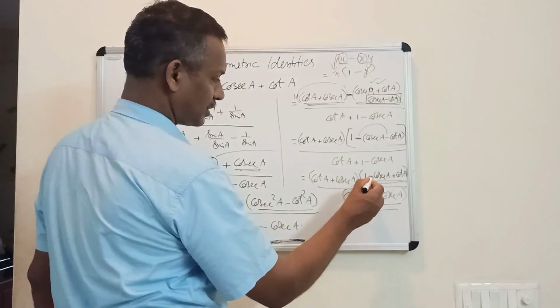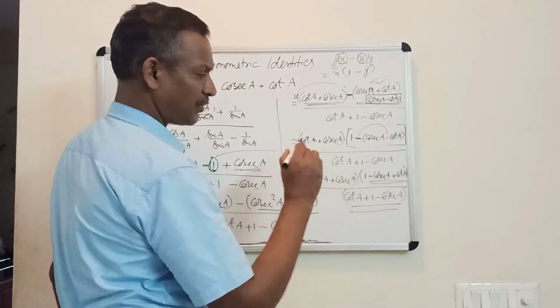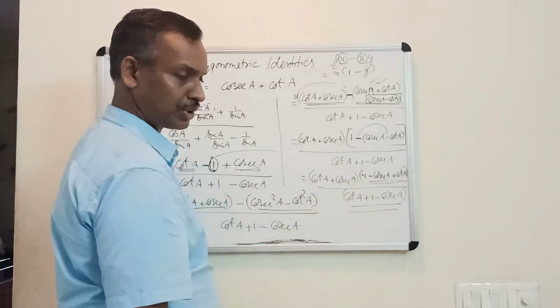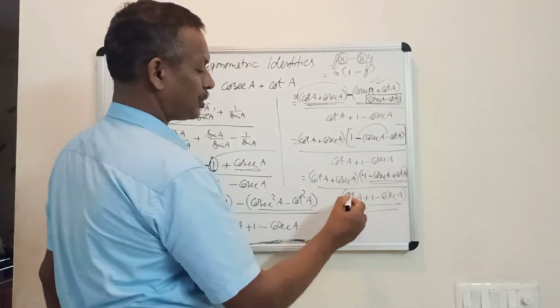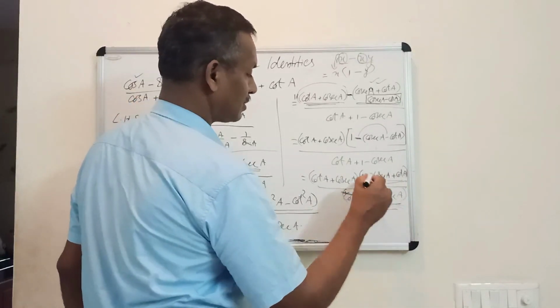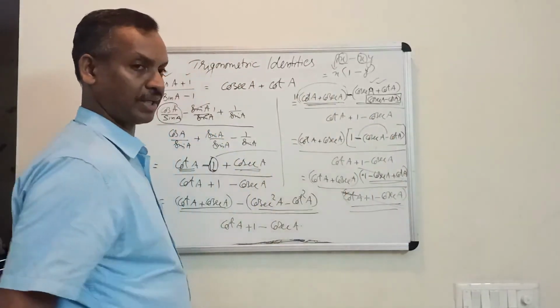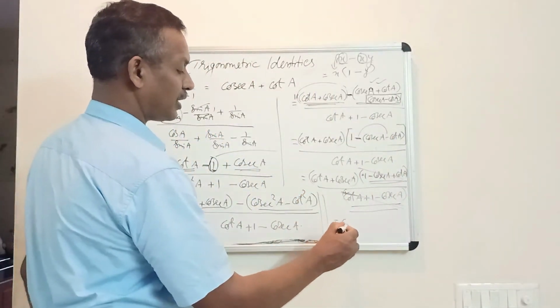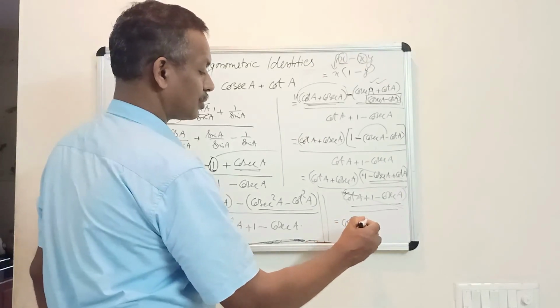See, cosec A has a minus sign, here also cosec A has a minus sign. 1 is plus, here also 1 is positive. Cot A is positive, here also cot A is positive. So these two factors are common, they get cancelled and we get the answer: cot A plus cosec A.